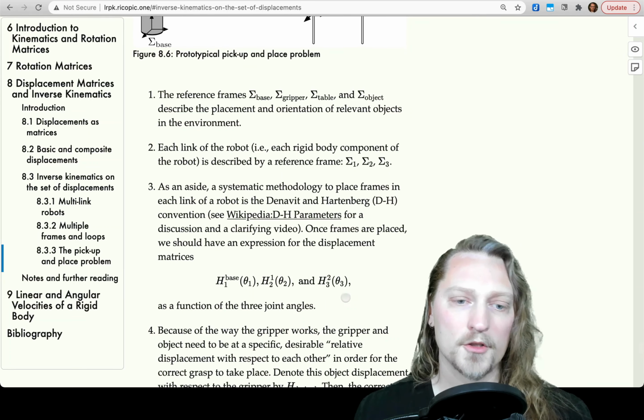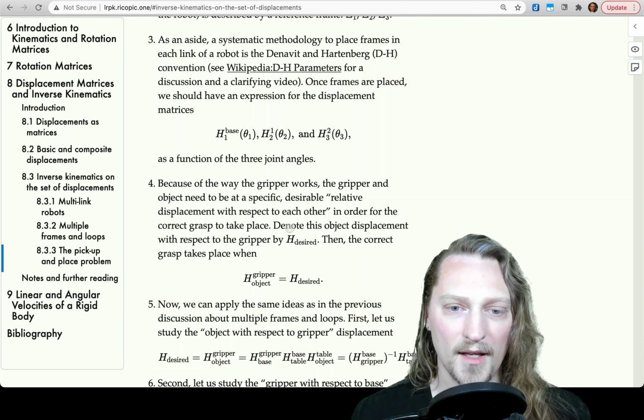Because of the way the gripper works, the gripper and object need to be at a specific desirable relative displacement with respect to each other. Okay? They aren't necessarily going to be at the same point. They might be some displacement from each other. We'll call this the H desired.